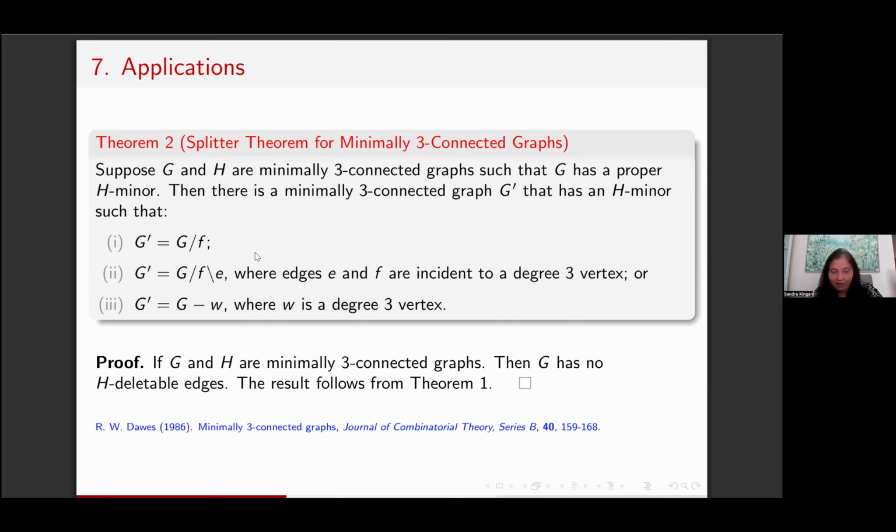I'm going to take this and translate it back into Dawes' operations, and then use his if and only if condition to get myself a theorem where I can say G has an H-deletable edge if and only if. So it's very closely related to Dawes' work, which is closely related to polytopes.